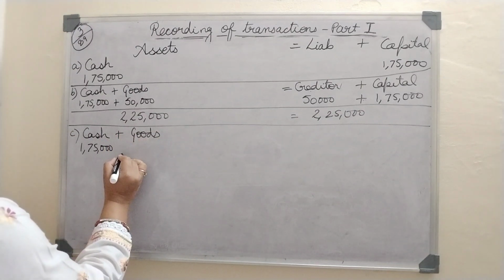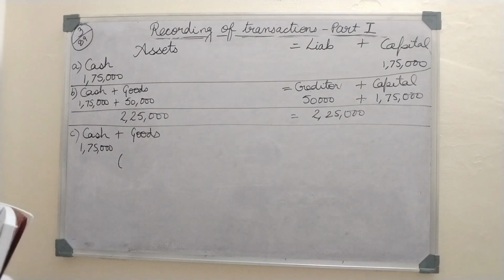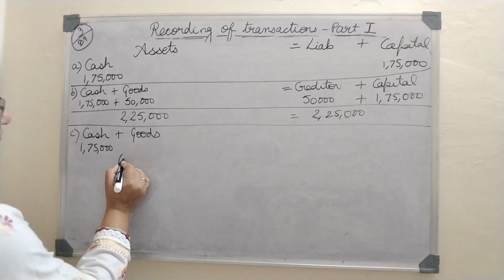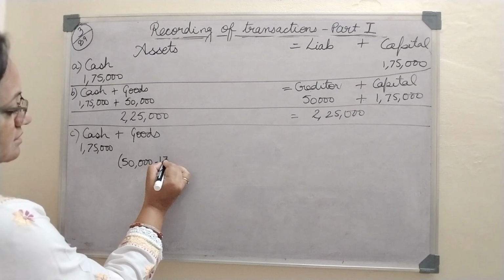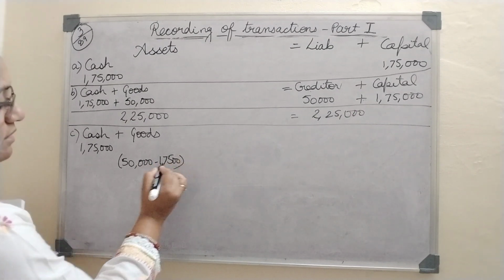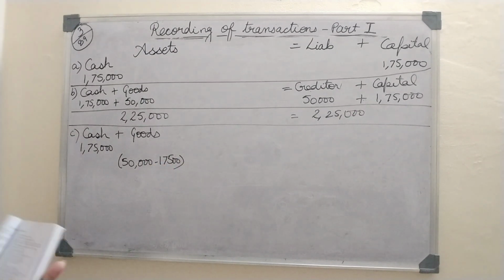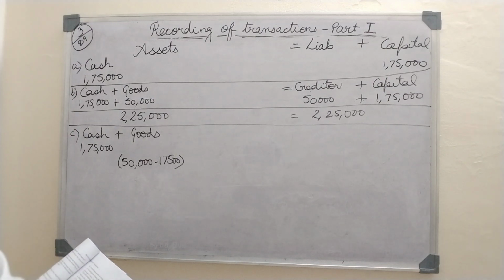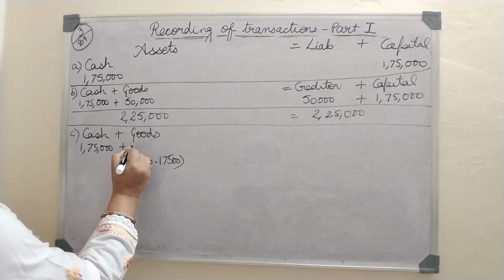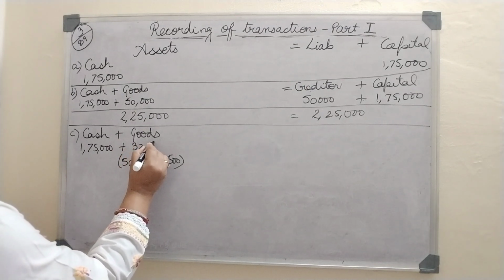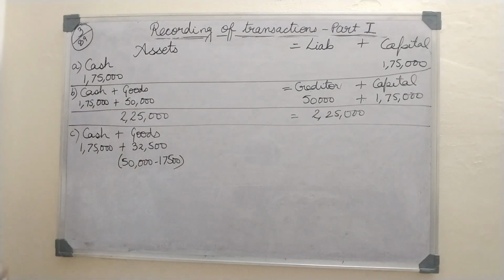Because goods are sold, we have to subtract from goods: 50,000 minus 17,500. Why? Because this is the actual value of goods. It is written costing 17,500. So when we subtract them, we get 32,500.